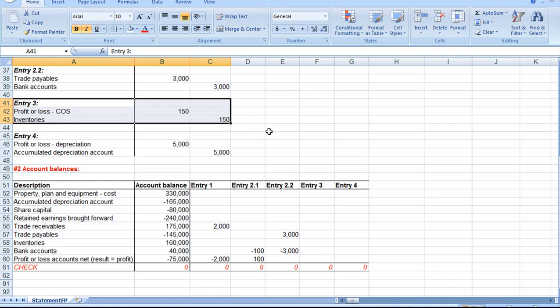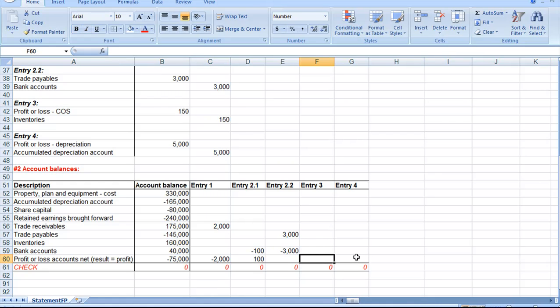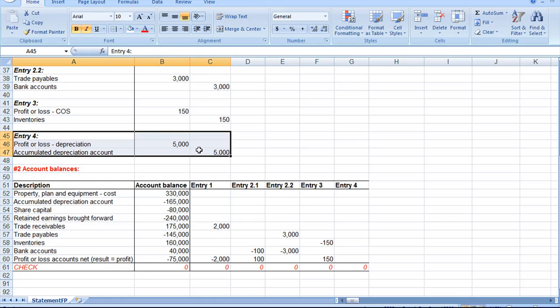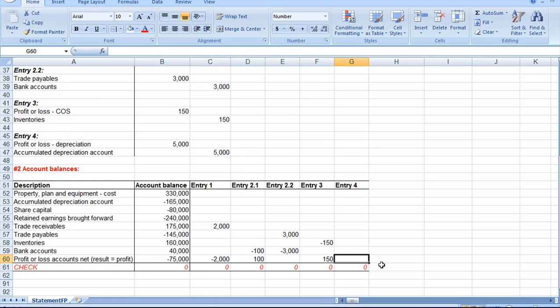Entry number 3. Debit profit or loss, 150, and credit inventories, 150. Checksum is 0. Entry number 4. Debit profit or loss, 5,000. Credit accumulated depreciation account, 5,000. Checksum, 0.